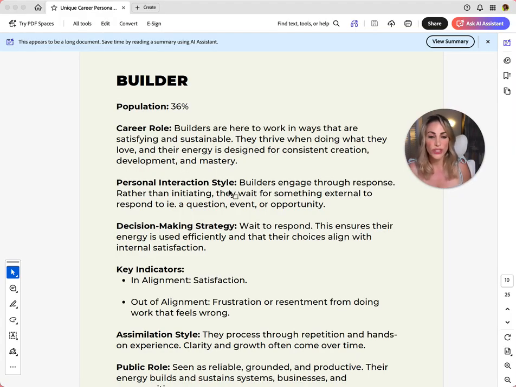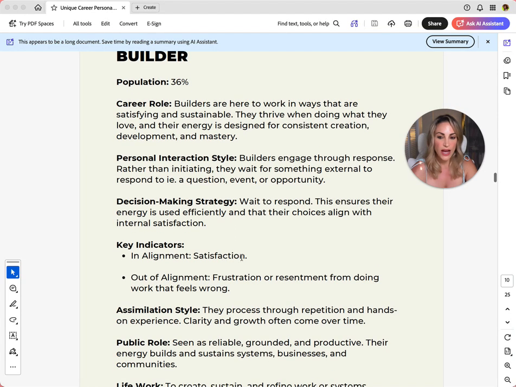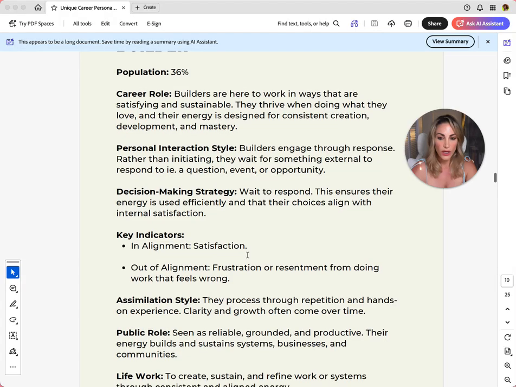And usually it's a process of waiting to respond. You can say, let me think about that, which you guys are the ones who literally need to think about it. And your interaction style is to respond rather than initiate.